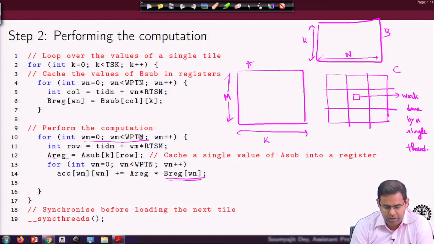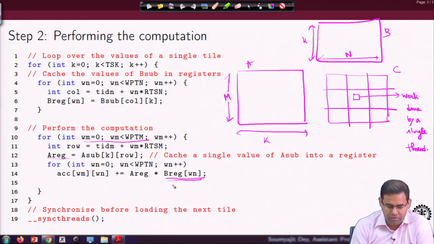So, in every outer iteration you are caching a single value, and in the inner iteration you use this value with the array of BREG values.